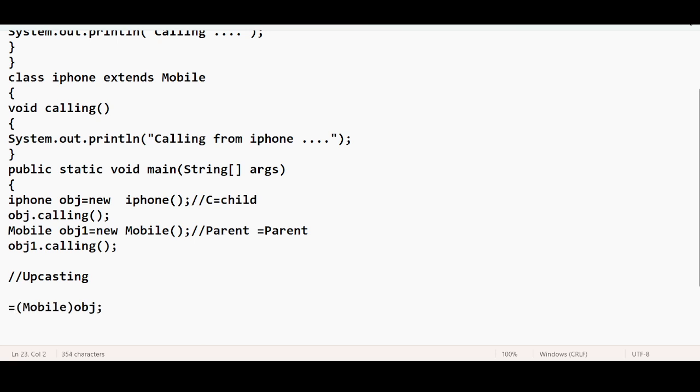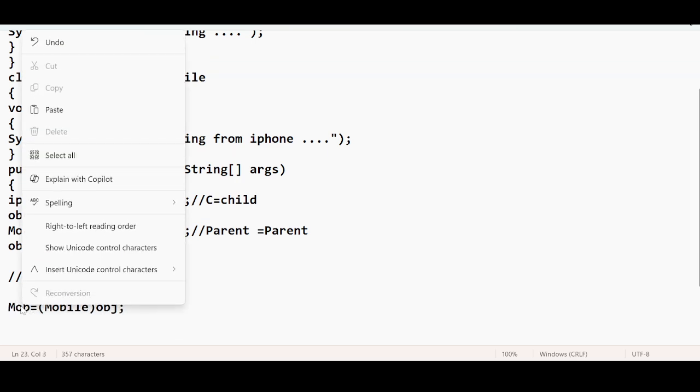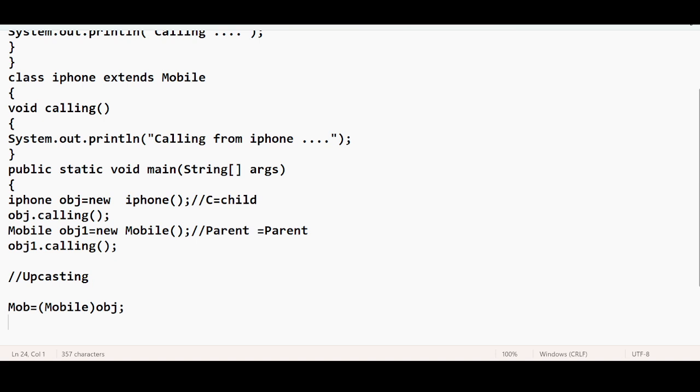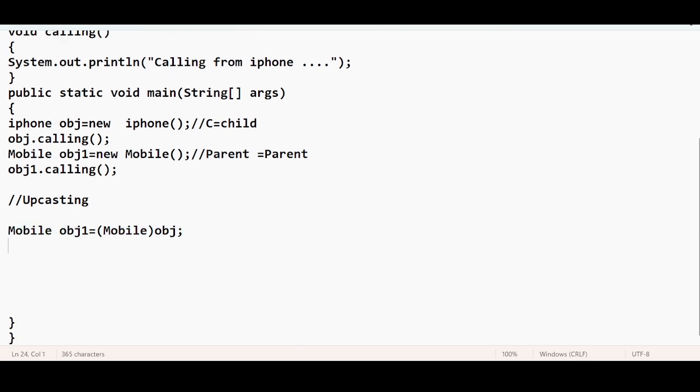Child class reference is converted to parent class type by using the typecast operator and assigned to the parent class type: Mobile obj. Upcasting, this concept is called upcasting.